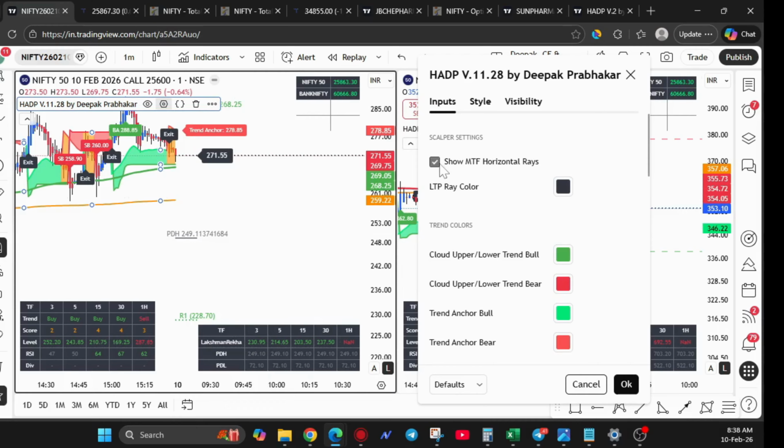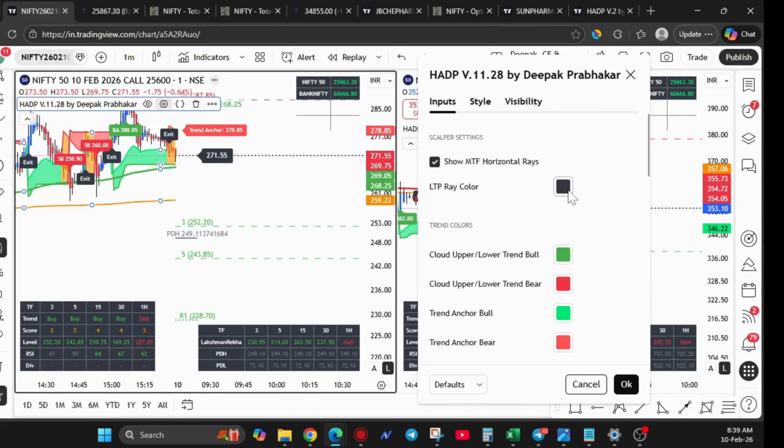But the importance is that it tells you, for example, you're buying on a 1 minute candle, taking an entry, and the candle is here. It will show you that 252.2 is the nearest resistance on a 3 minutes where sellers are sitting. So that is the importance. We usually keep this on. It depends on you whether you want to keep it or not.